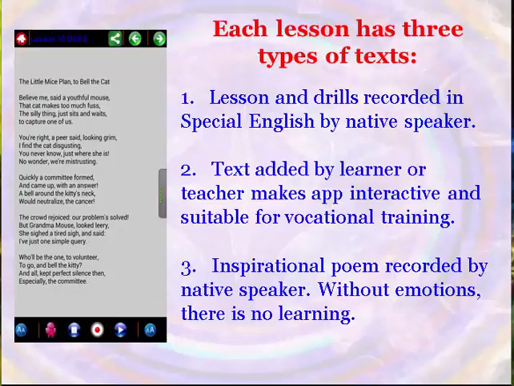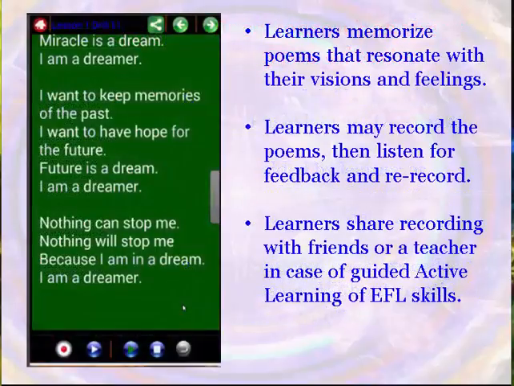The learner can work with those texts the same way as with the pre-recorded lessons, repeating the text simultaneously while listening to the text-to-voice robot read it. 3. An inspirational poem recorded by a native speaker that lets learners re-experience a familiar situation in the new language and become emotionally engaged.